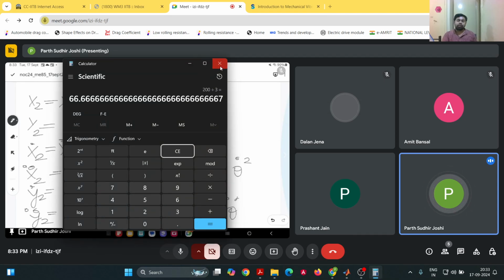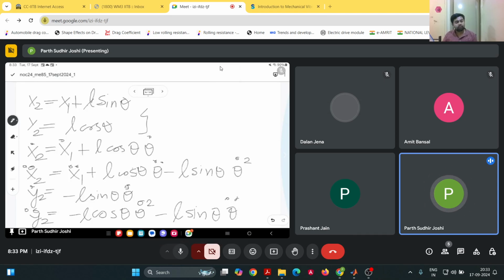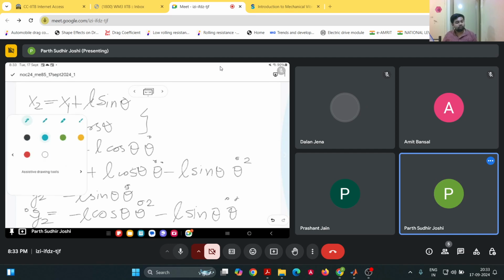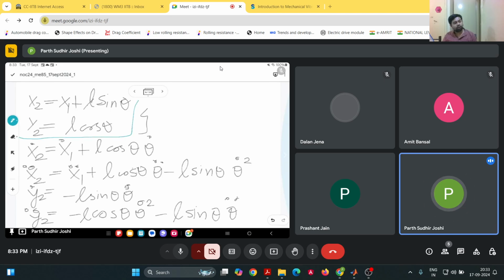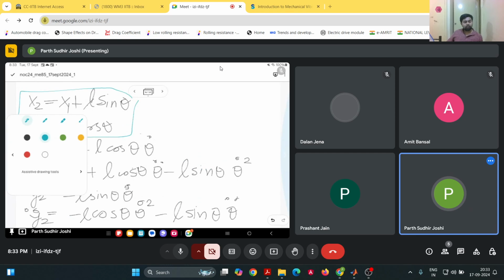If you are first able to get this part correctly, this is the most important. If you get this correctly, then everything else will just follow from the geometry.